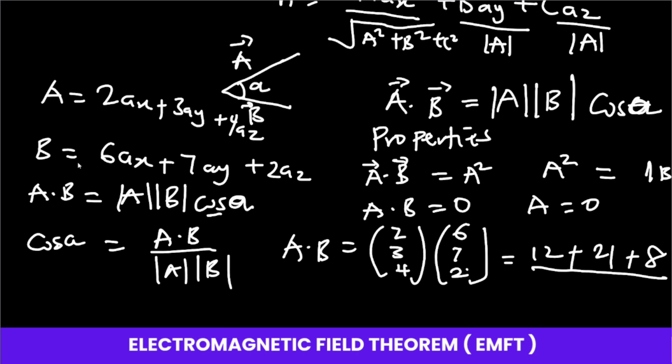Now we know how to find the magnitude. Finding the magnitude of A is just taking the square root of all these three parameters, so the magnitude of A is the square root of 2 squared plus 3 squared plus 4 squared.